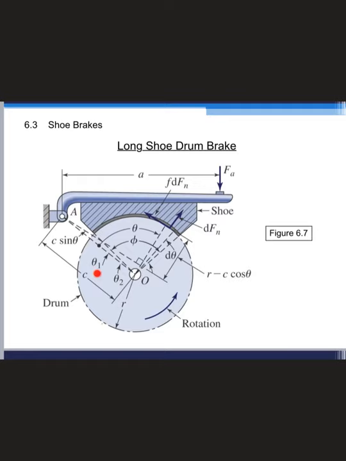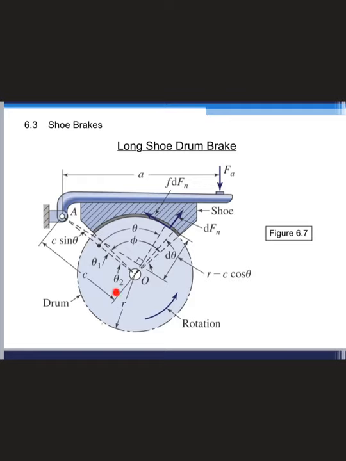We measure theta 1 from the line from fulcrum point A to the center of the drum, until the very beginning of contact between the long shoe and the drum here. So this is the angle for theta 1.